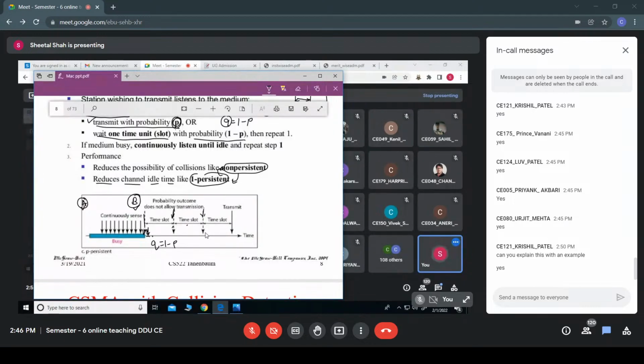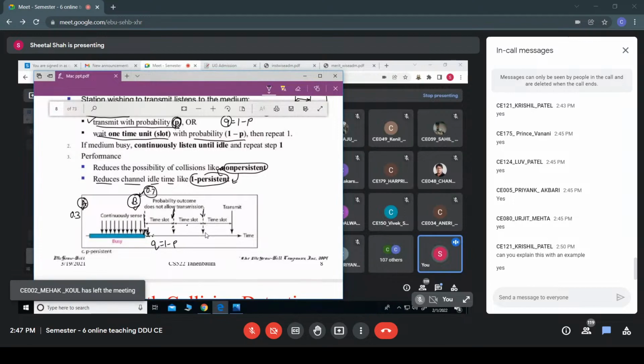Station A, suppose with the probability P, if I take the probability as 0.3, and let this be the probability as 0.7. So there is a 30% chance that station A would transmit that frame through this channel, whereas there is a 70% chance to transmit the frame by station B onto this channel.